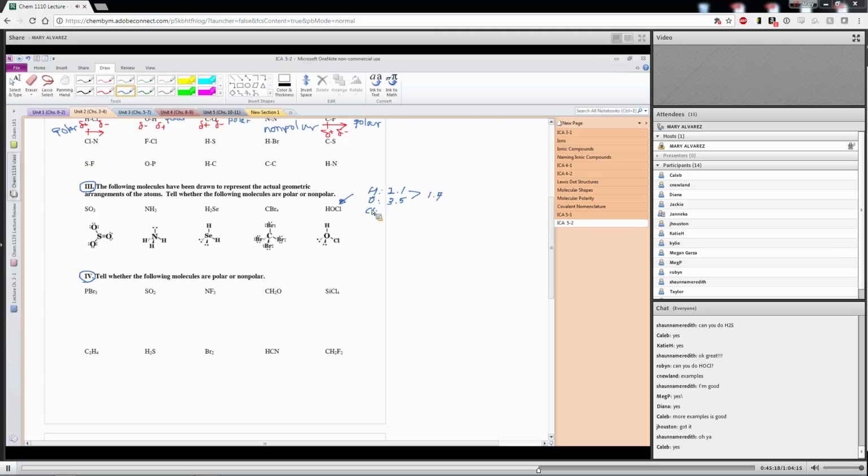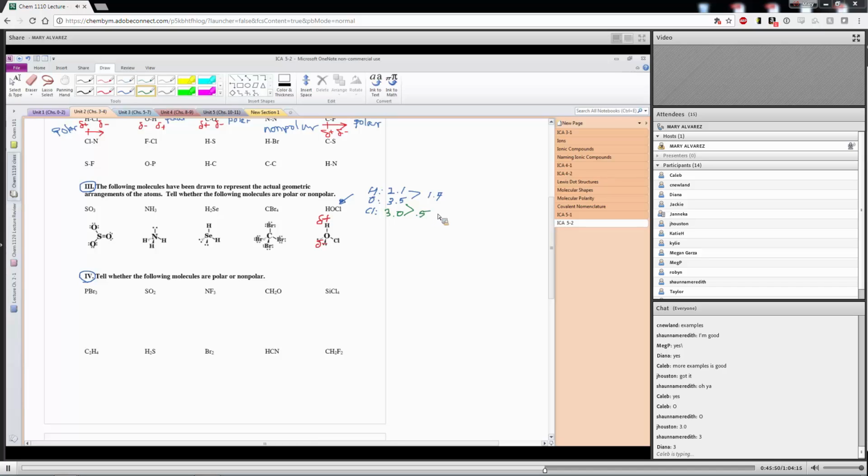And pulling towards what? Towards the O. Okay, so partial positive on my hydrogen, partial negative on my oxygen. What's the electronegativity value for chlorine? 3.0. So when we're evaluating just the OCl bond, we've got a difference of 0.5.